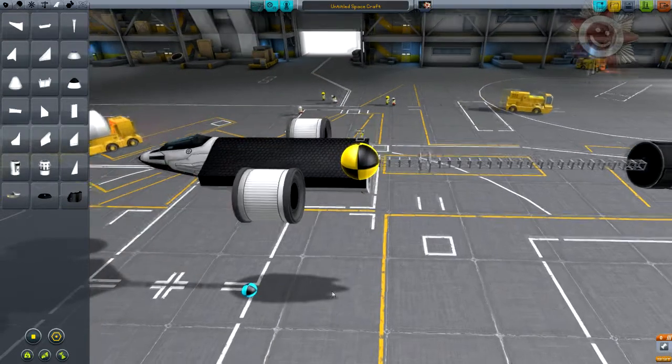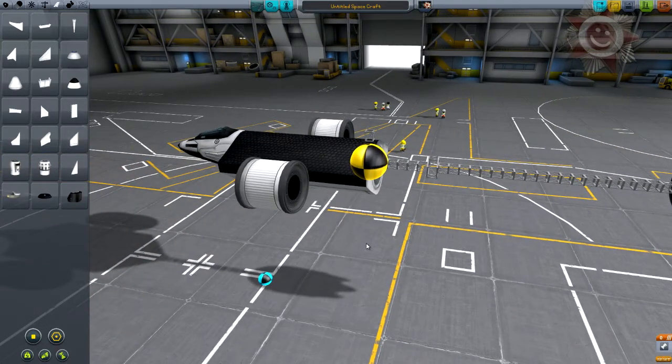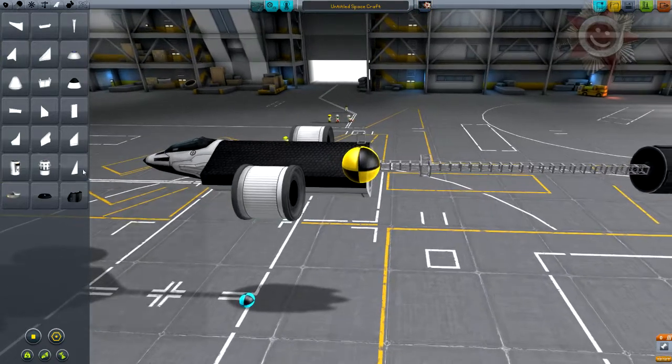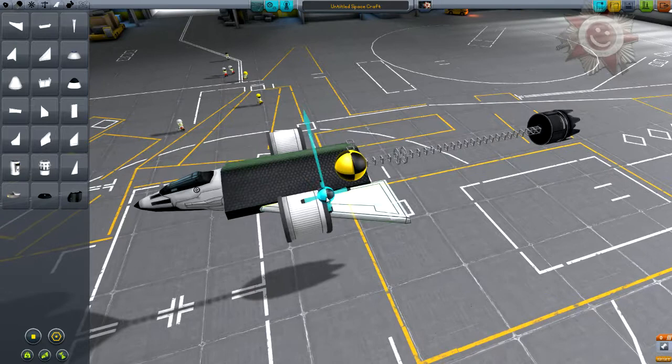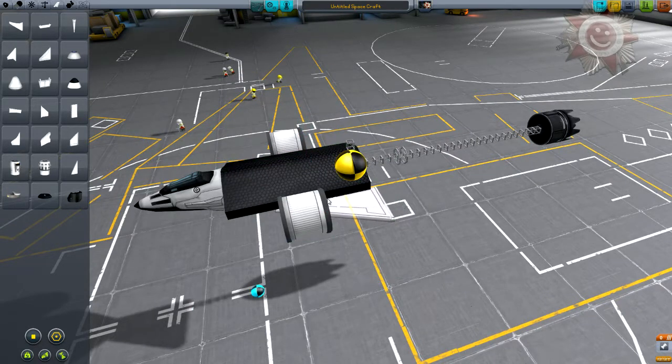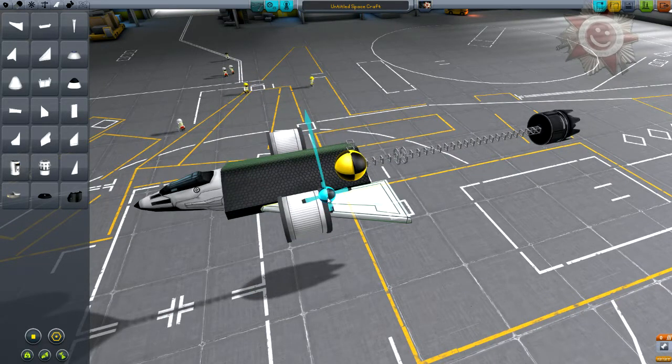So what we need to do is make our wings in a way that the center of lift will be behind this point, so we won't have any problems in any part of the flight, in the takeoff or the landing with empty tanks.